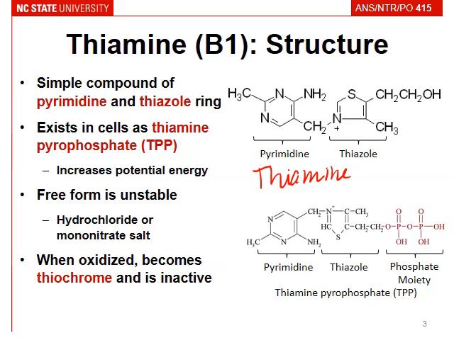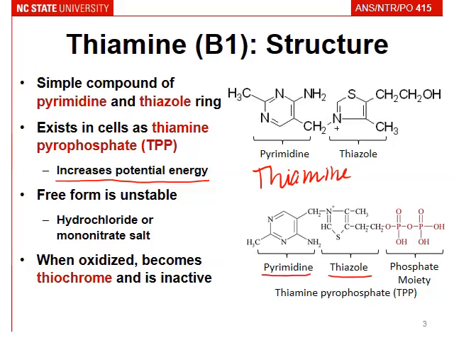So you have the pyrimidine component here, the thiazole component, and then we have this phosphate moiety. That phosphate moiety, that's where we have our pyrophosphate. And this is increasing the potential energy of the reactions.